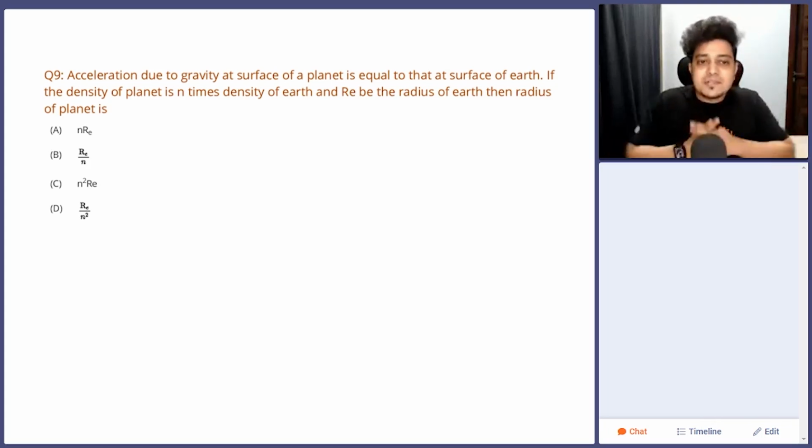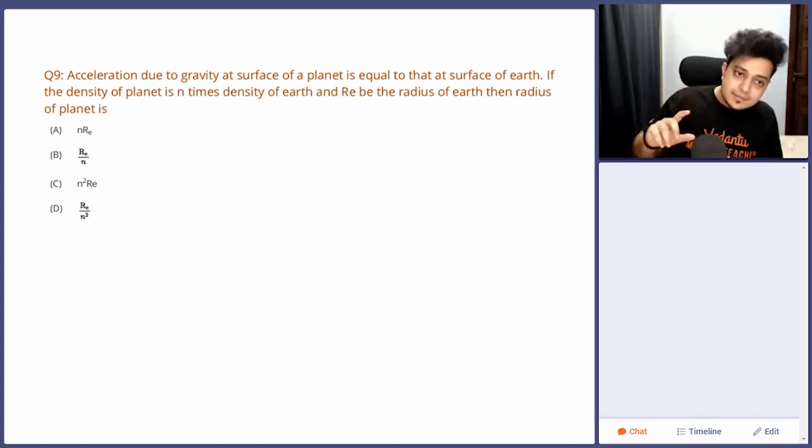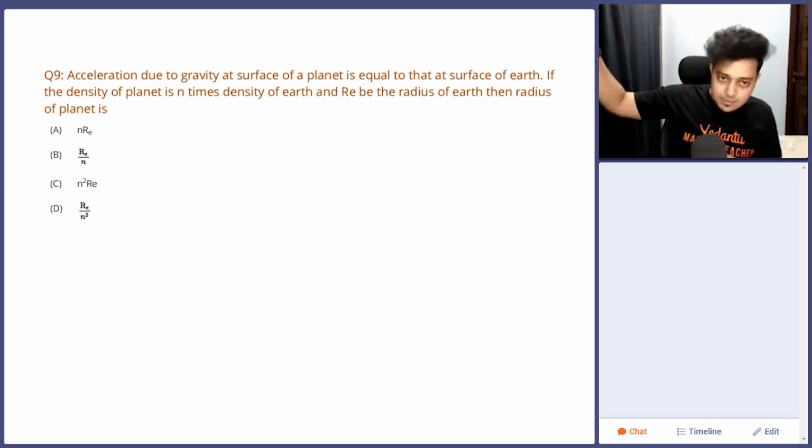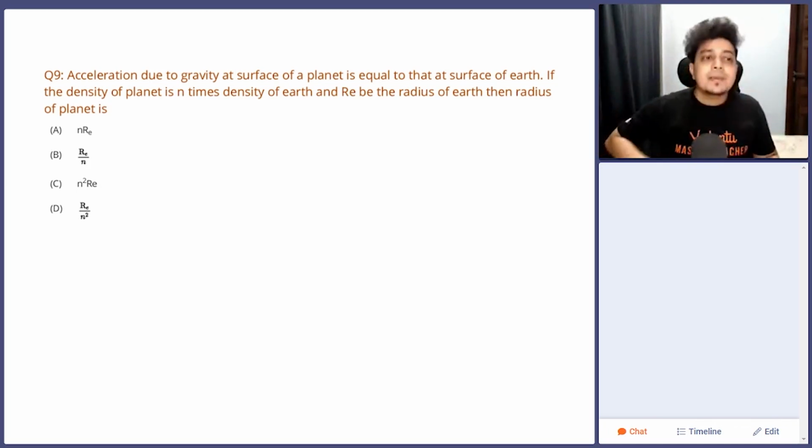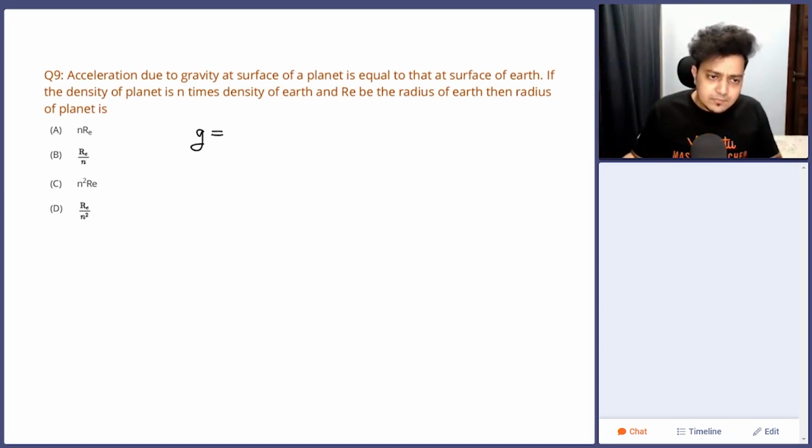Acceleration due to gravity at the surface of a planet is equal to that on the surface of Earth. Okay, if density of the planet is n times density of Earth, Re be the radius of the Earth, then the radius of that new planet will be. So acceleration due to gravity, we know the formula is GM by r square, right?